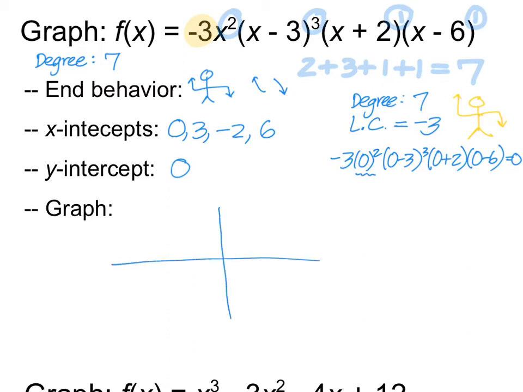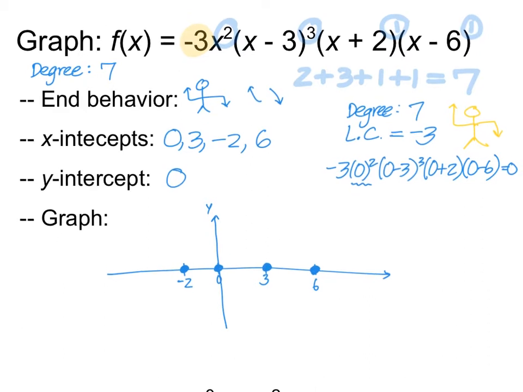All right, the first step to graphing is to find all your x-intercepts. So I got negative 2, I got 0, I got 3, and I got 6. I'm going to make these dots over here to represent the x-intercepts. Now I have to know which is a bounce and which is a cross, based on the multiplicity.